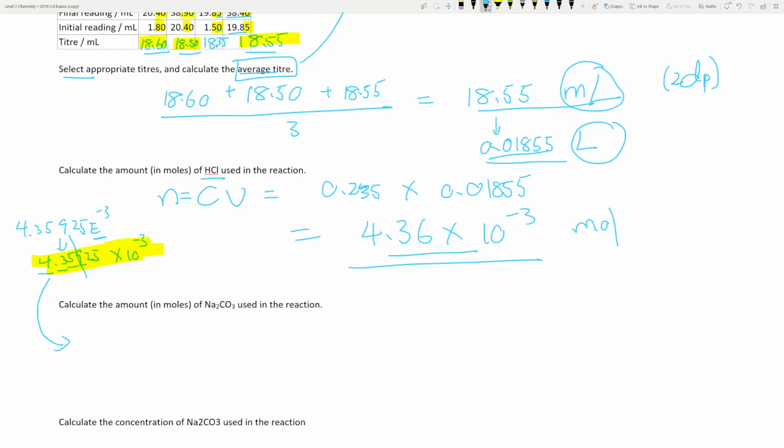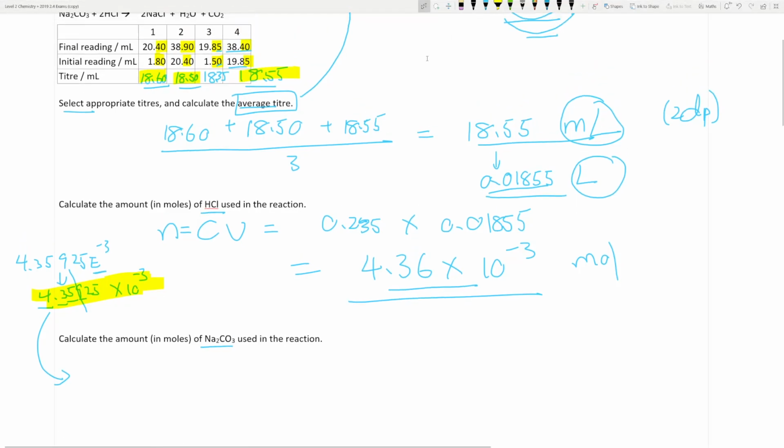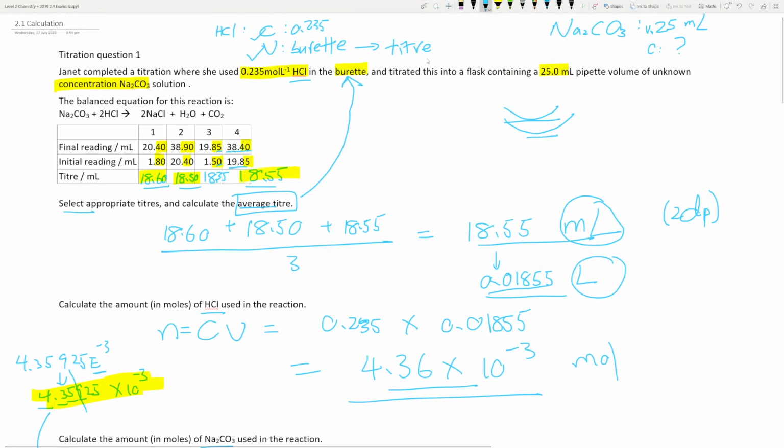Okay, so over here we need to calculate the Na2CO3 mole. This is where we need to go back to the equation, which is right here. Remember, we figured out the moles of HCl, so we need to look at these two. You can see the HCl mole is twice as big as the Na2CO3 mole, shown by the coefficient in front. So the moles of HCl is twice as many as the Na2CO3.